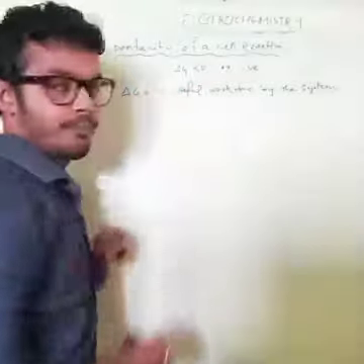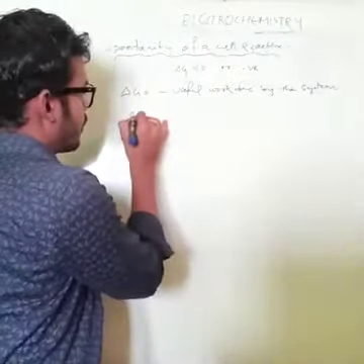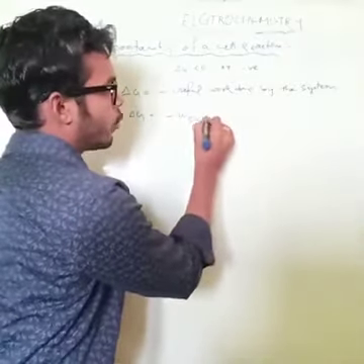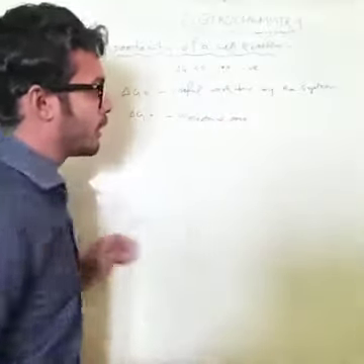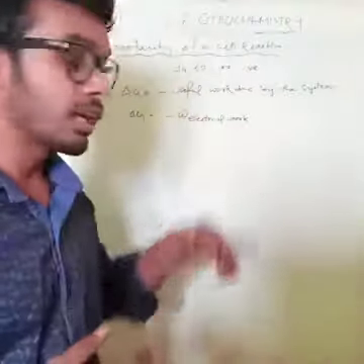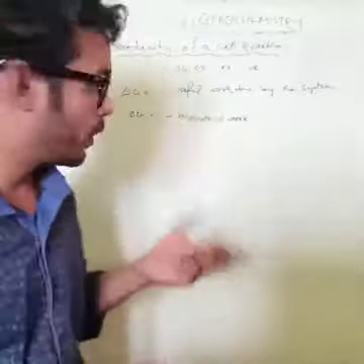That is del G. Or you can write del G equals minus W electrical work. As this is electrochemistry, we are working on electrical potentials. So electrical work, and remember all electrical work is useful work all the time.